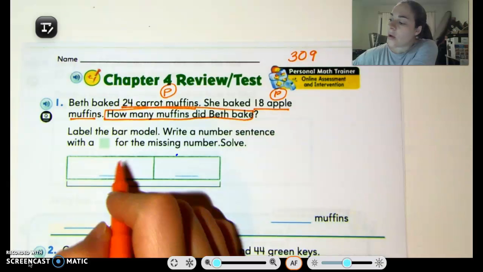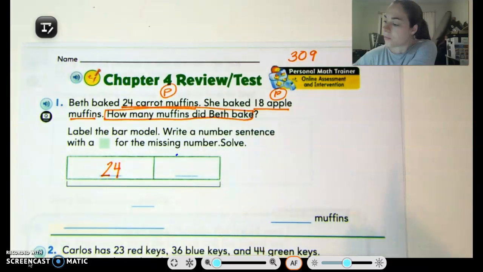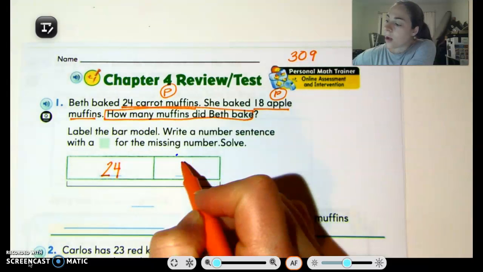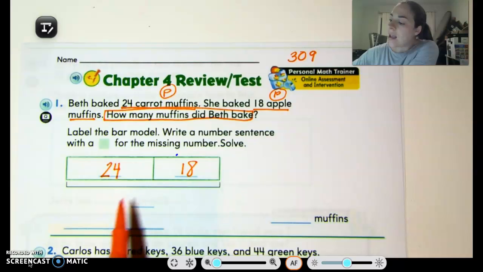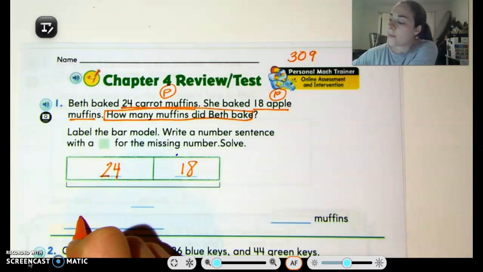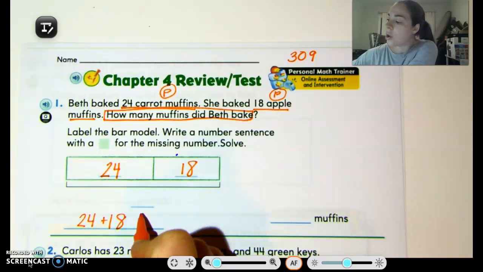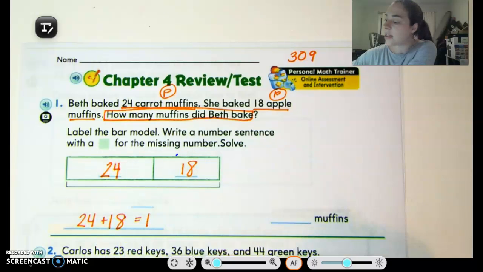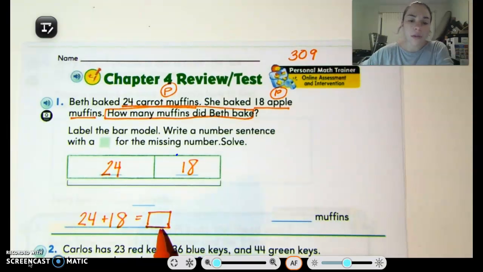So we're going to write 24, since that's one of our parts, on this side of our bar model, and 18 on the other side. And we're going to solve by adding 24 plus 18 to get our total of muffins. But since we don't know the total, we're going to use a box to show that this is the missing number. This is what we're solving for.